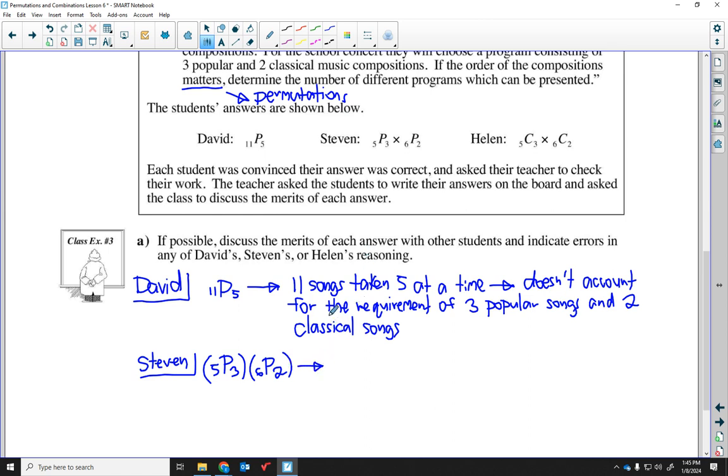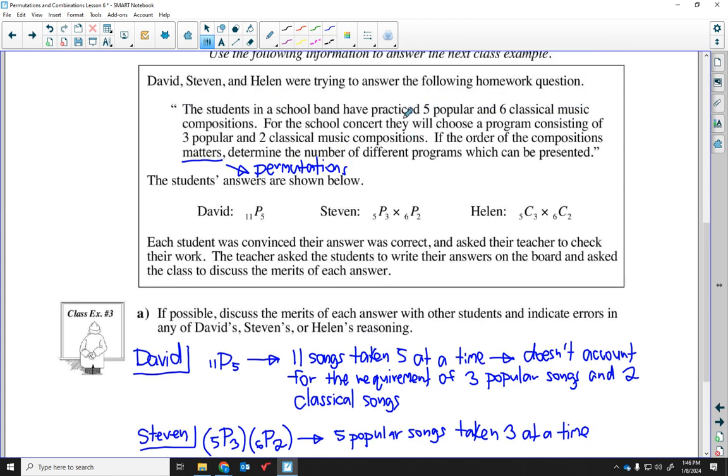So what they're saying is of the 5 popular songs, we're going to take 3 of them. Okay, that seems fine because it says we have 5 popular songs.